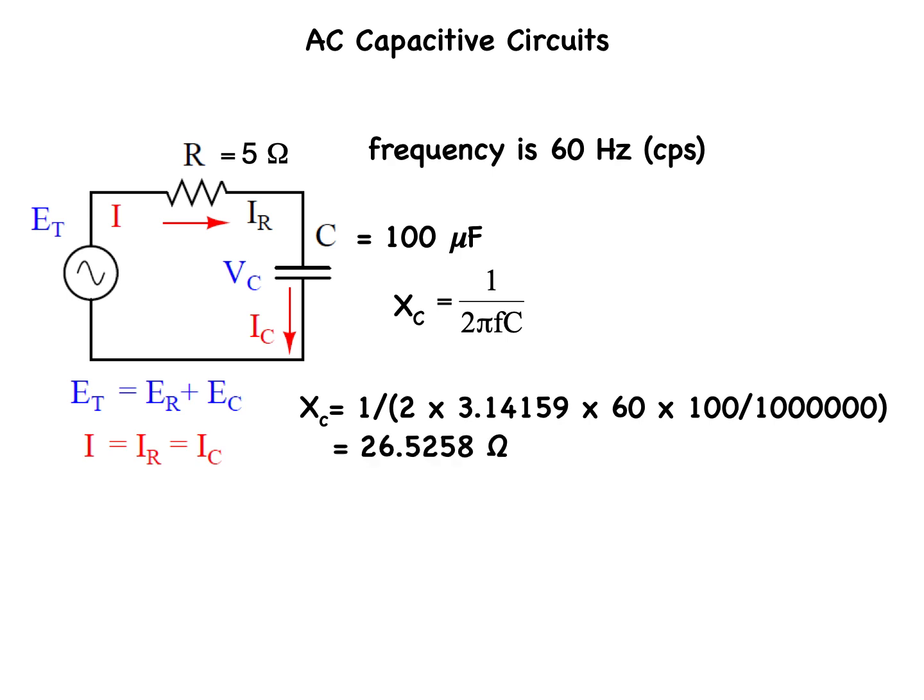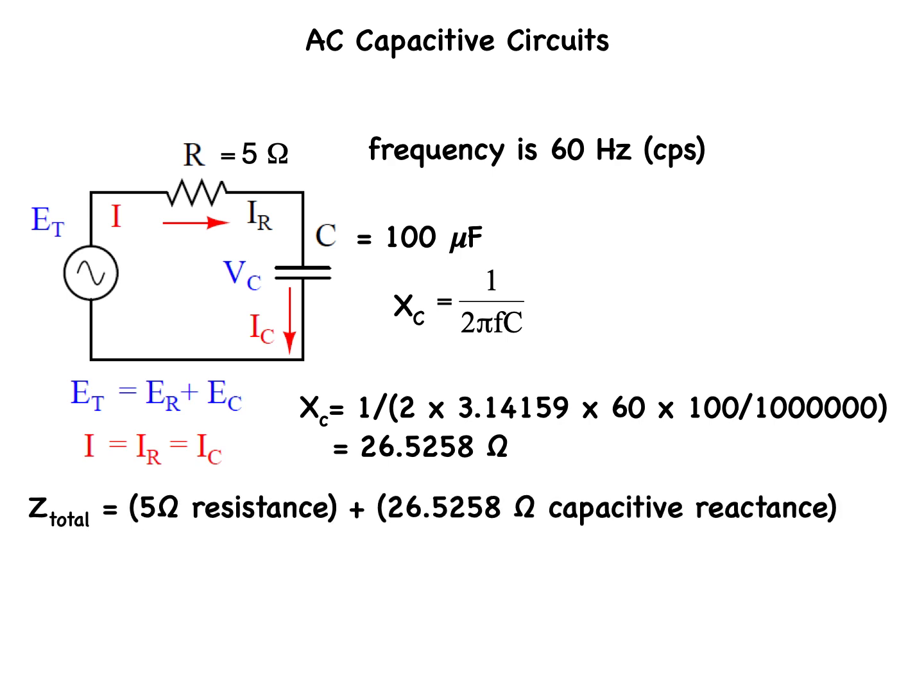And if you multiply all of that out, you will get the reactance of the capacitor is 26.5258 ohms.